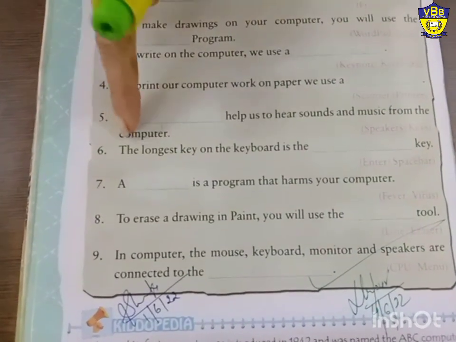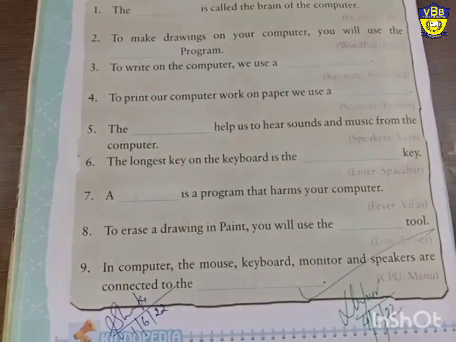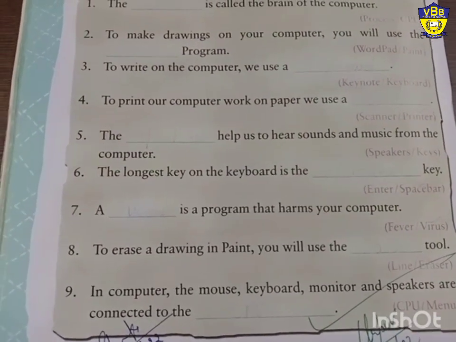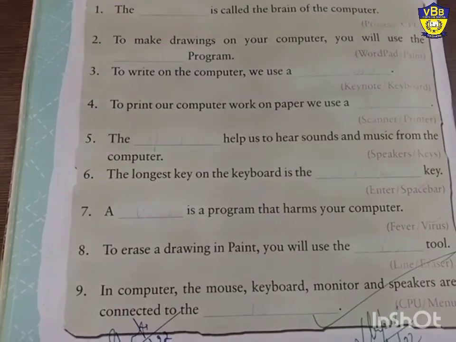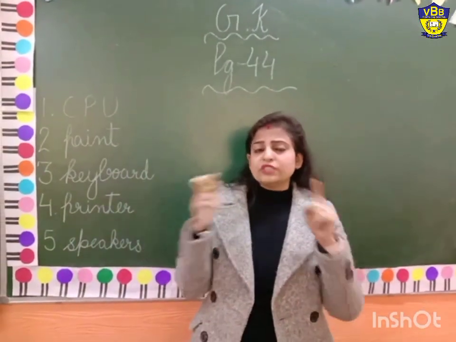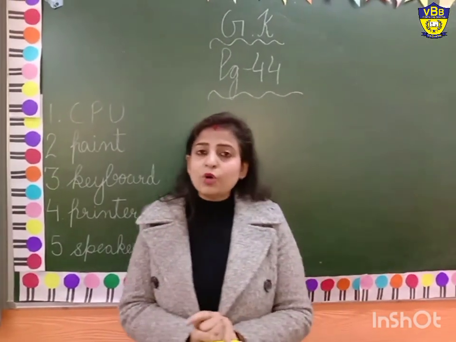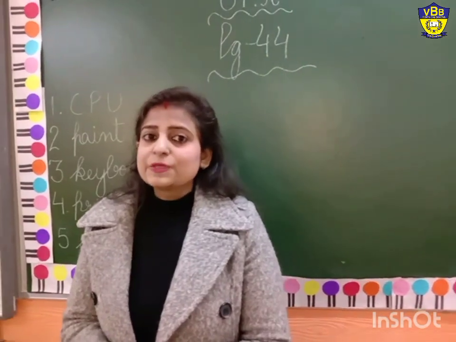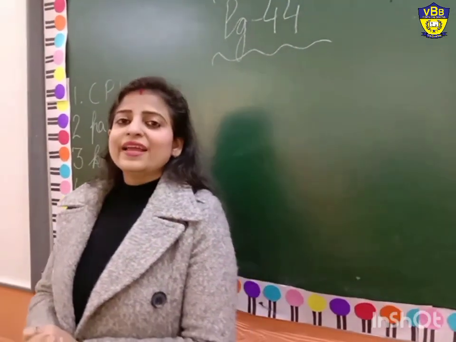Okay, now move to the next one. The longest key on the keyboard is the dash key. Which is the longest key on the keyboard? Tell me. Which is very long, long in size among the keyboard's keys? Which one is that key? Space bar.